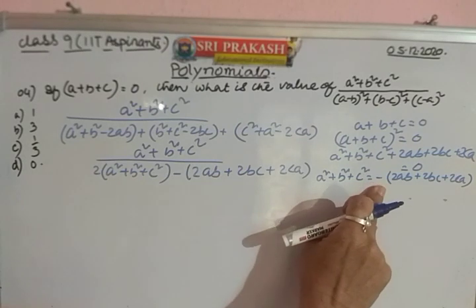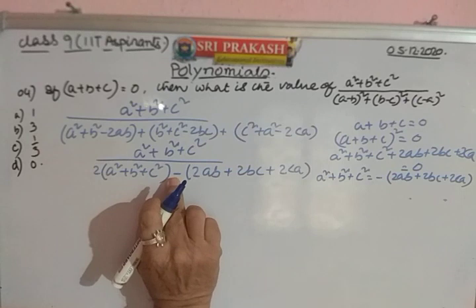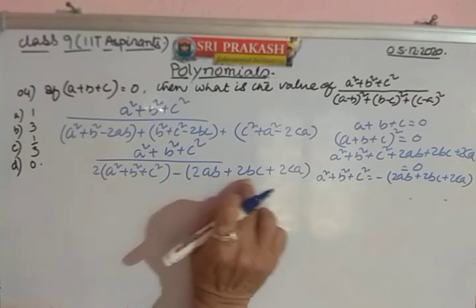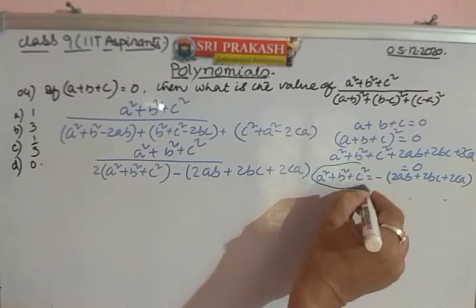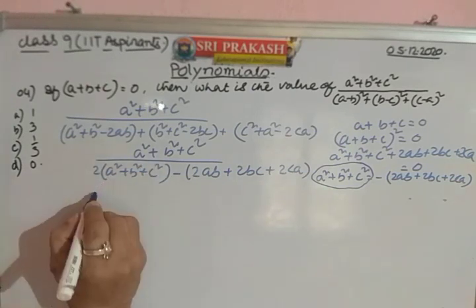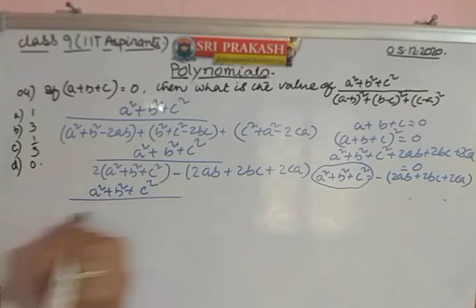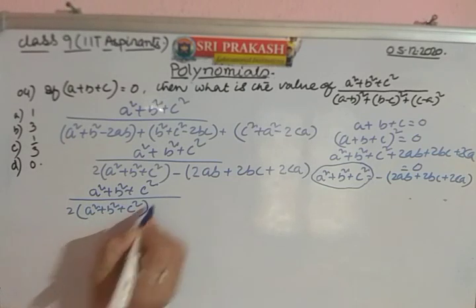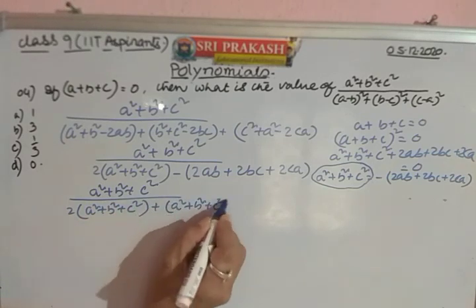And I have taken minus common. So in place of minus (2ab plus 2bc plus 2ca), we can write a square plus b square plus c square. So this expression becomes a square plus b square plus c square by 2 into (a square plus b square plus c square) plus (a square plus b square plus c square).